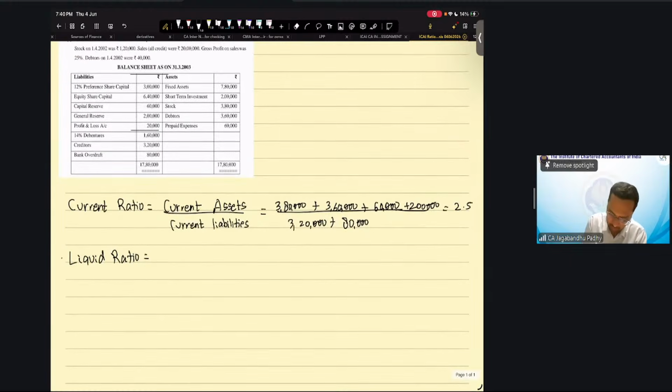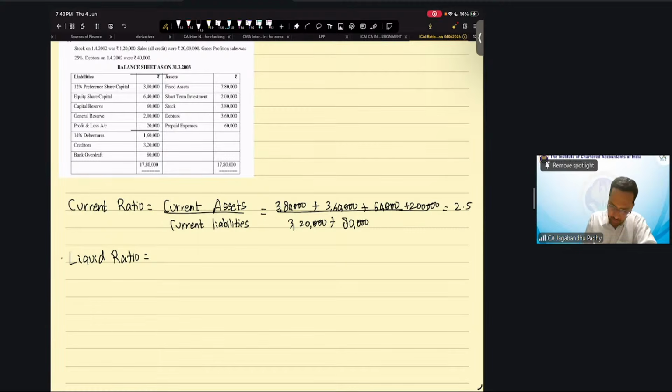So liquid assets will comprise of current assets minus certain assets. So certain current assets are not liquid. Which are those two assets which are not liquid? Instead of current assets, we can simply say liquid assets.